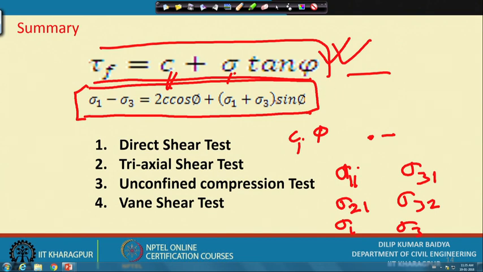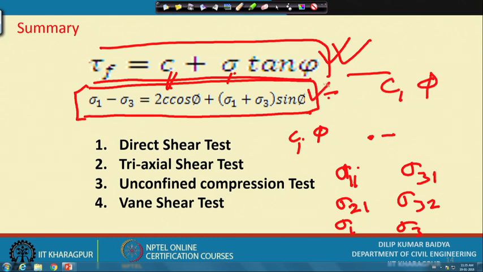I can set up 2-3 equations, and if the tests are carried out on the same soil, then combining two equations I can solve for two parameters, phi and C.